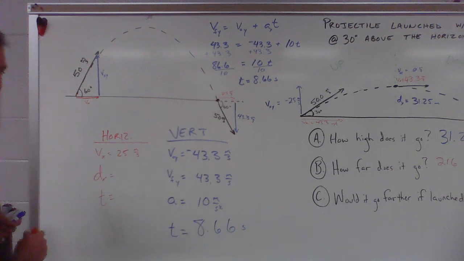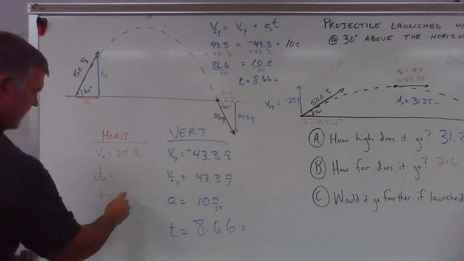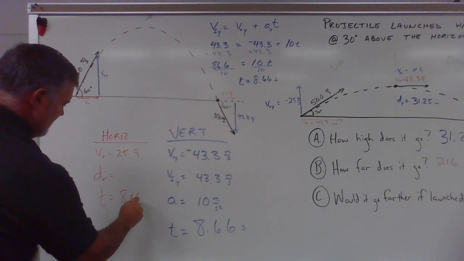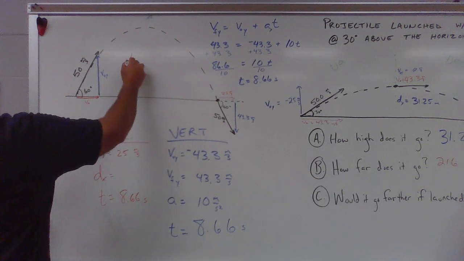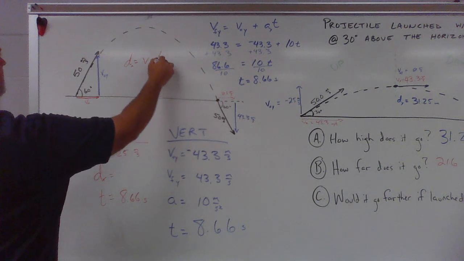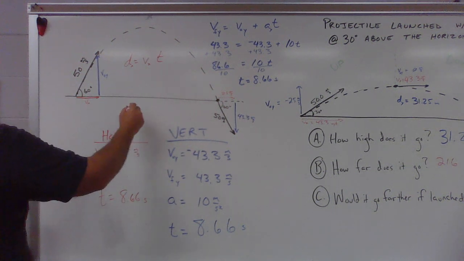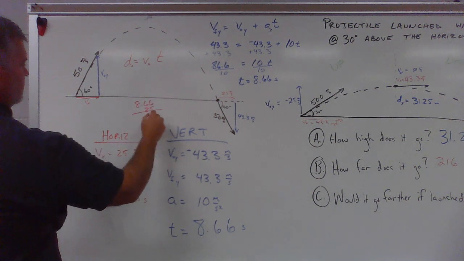Now, that's the total time that it's in the air. Bring that over here. That's the same on the horizontal side. So if we want to find the horizontal distance, we just do horizontal speed times time. So 8.66 seconds times 25 meters per second.